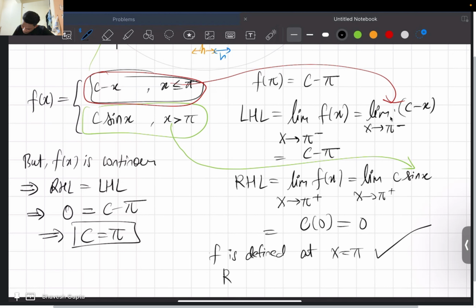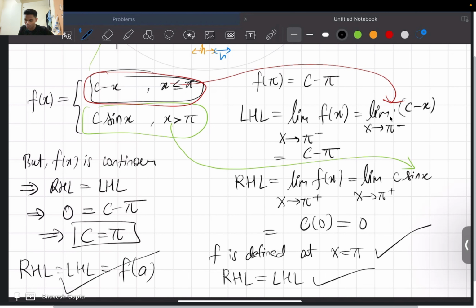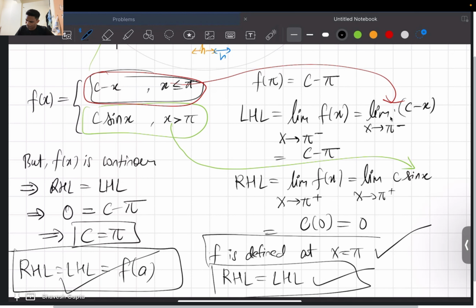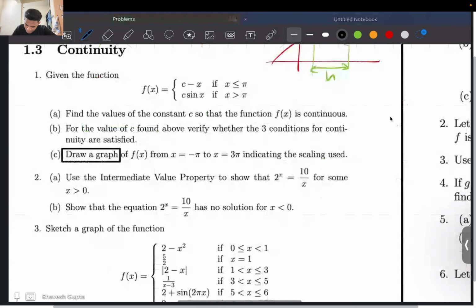Second, the left hand limit is equal to the right hand limit. Yes, it is true. Third, is this limit equal to f of a? Yes, this is also true. So it satisfies all three conditions, and my part b gets verified, because these conditions say that my function is continuous at that particular point.